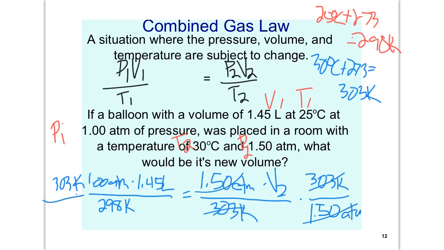Divide this side by the same. And then you can actually watch as your units all cancel out. So atms cancel out, Kelvin cancel out, which is good because we're solving for volume and we're left with units of liters. So now when you plug all this into your calculator, you get an answer of 0.98 liters.